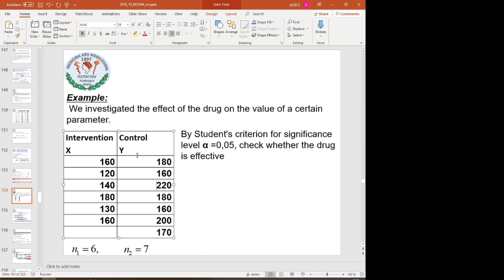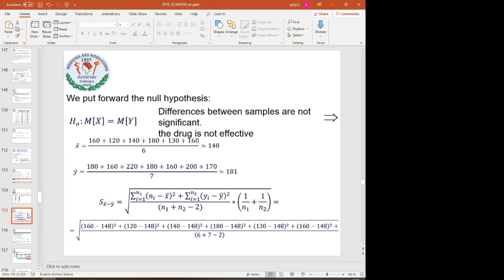So small number of patients, but in order to show you all calculations, we cannot have big samples.